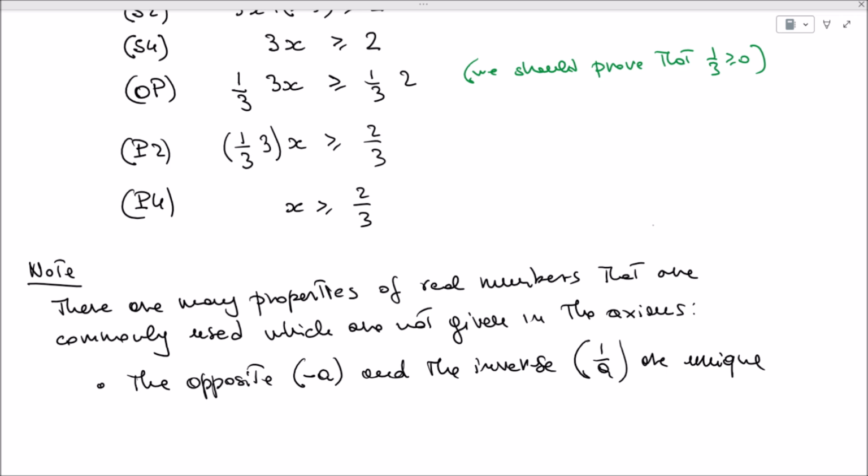Another property that we didn't mention in the axioms is the fact that the 0, which is the neutral element for the sum, and 1, which is the neutral element for the product, are unique. And also the fact that the 0 is different from 1, or that 1 is larger than or equal to 0.